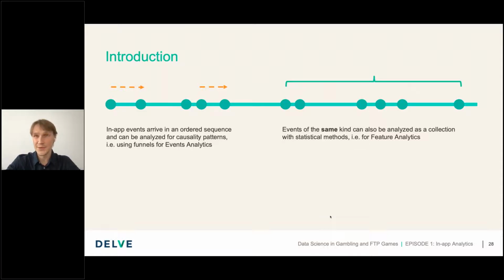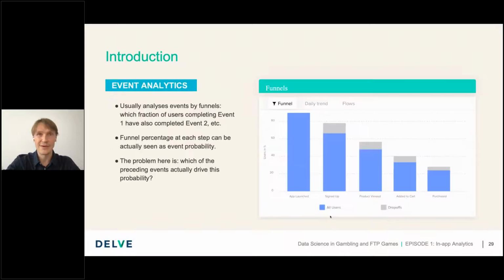And also events of the same kind of the same user can be grouped in a collection and analyzed by looking at their similarities and differences according to certain features of events themselves or according to their distribution over time. And this kind of analytics is called feature analytics, which is a different variant. So let's first deal with event analytics.